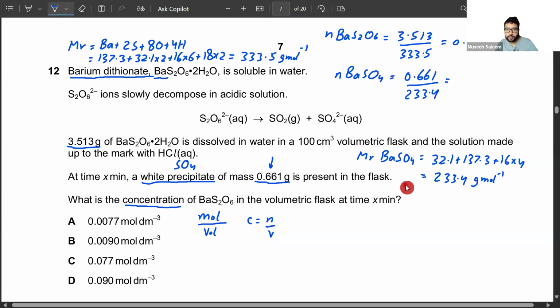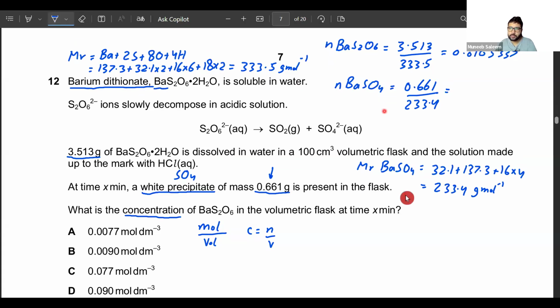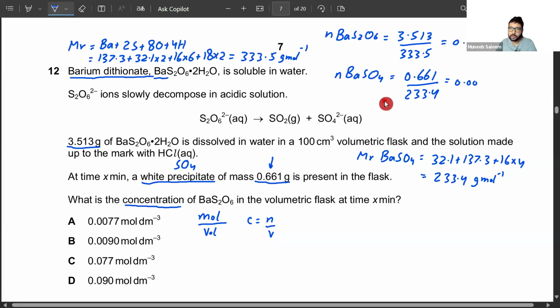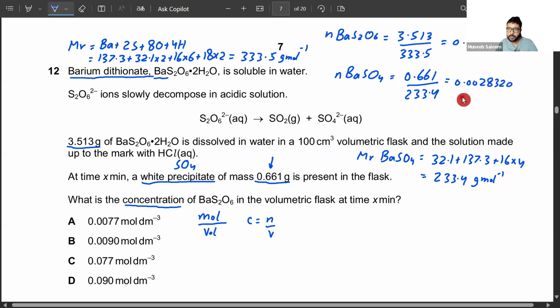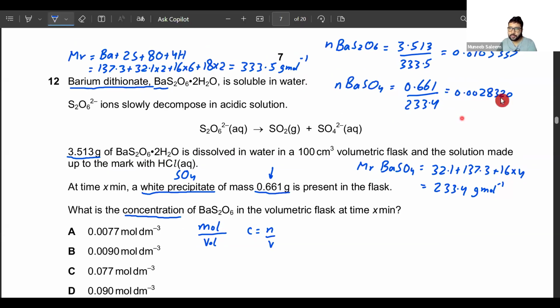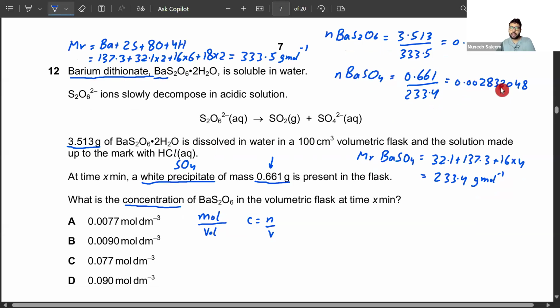Now the answer for this part is equal to 0.002832048. Now this is the mole for the barium sulfate.